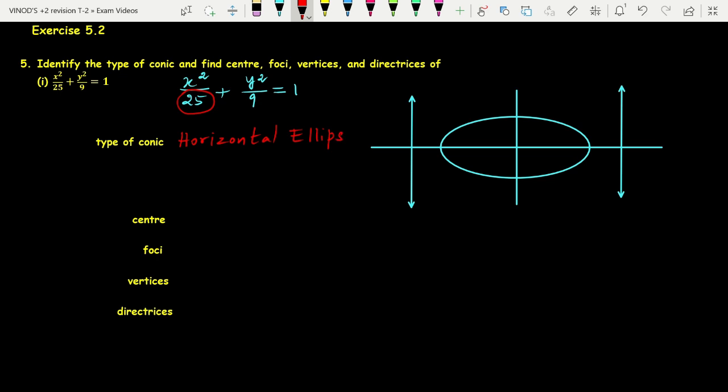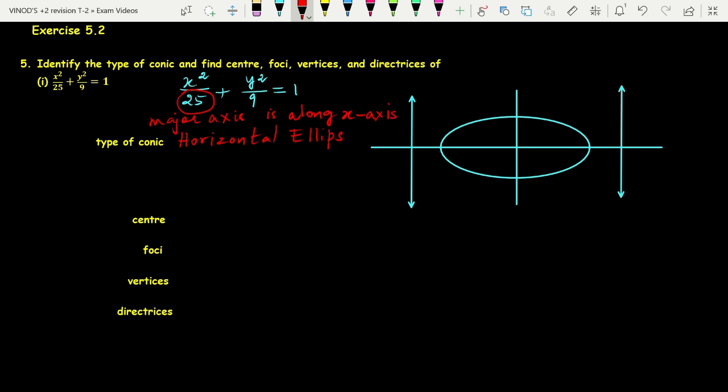Because x square denominator is greater, the major axis is along x axis. Therefore, it is a horizontal ellipse.